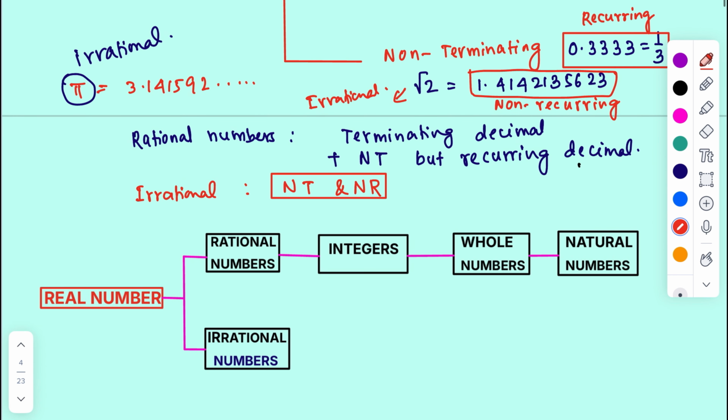Natural numbers are represented by N. The whole number set contains the natural number set. That means all natural numbers are whole numbers. Similarly, all whole numbers are integers, and all integers are rational numbers.